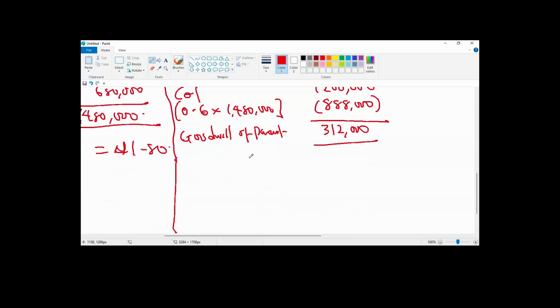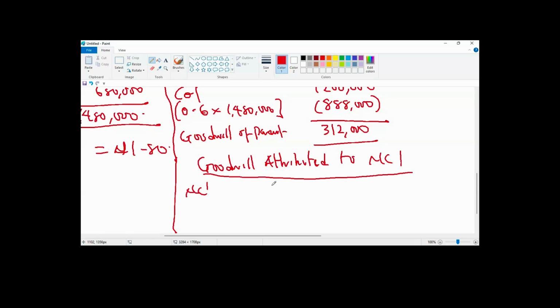How do I get the goodwill of NCI? I say goodwill attributed to NCI. How do I get goodwill of NCI? I will say NCI at fair value, which is 720.